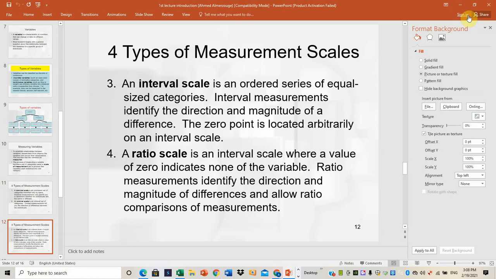The other type of measurement is the interval scale, an ordered series of equal sized categories.